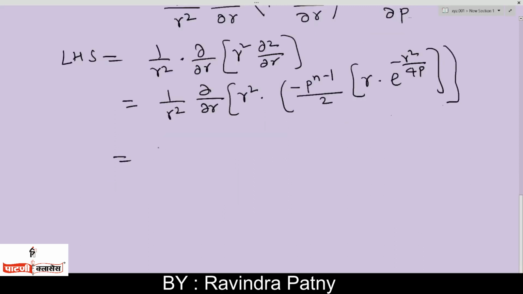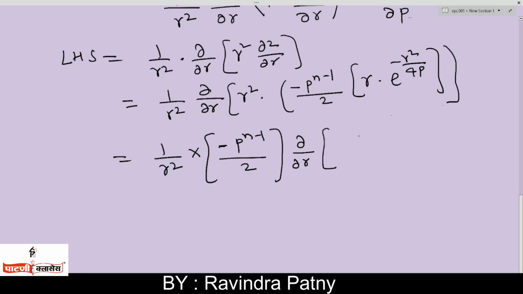This equals 1 upon r square into minus p raised to n minus 1 upon 2, taken outside because we are differentiating partially with respect to r, therefore p has to be taken outside. Now here it is r cube and e raised to minus r square upon 4p, and there are two parts: one is r cube, another is e raised to minus r square upon 4p.